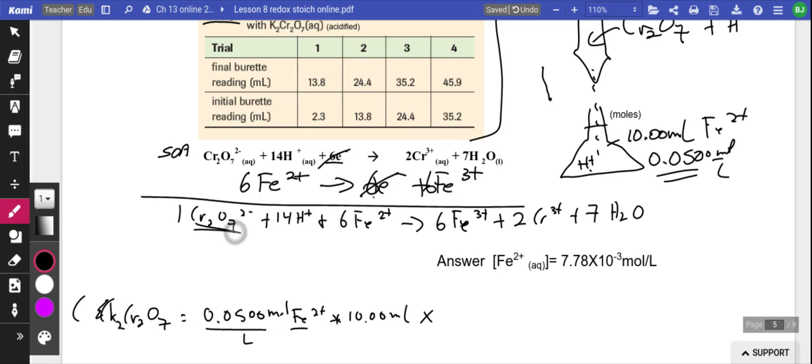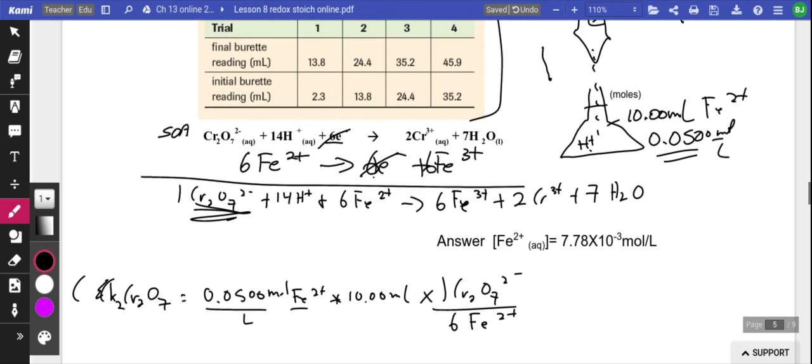We're looking for dichromate, so we go up to our balanced equation. 1 dichromate ion reacts for every 6 Fe2+. So remember, you're always putting the ion you want to cancel out on the bottom. So now I've got the moles of dichromate, and I want concentration, so I need moles per liter.